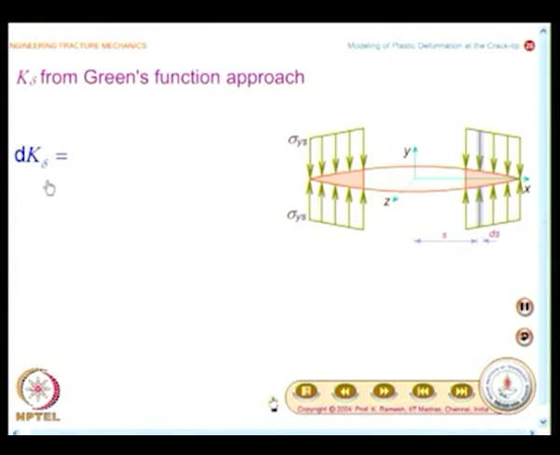We would just invoke the expressions that we have developed for a symmetric load and write this for an incremental value of stress intensity factor. Then you integrate for the extent of the load sigma ys applied, you will be able to calculate the stress intensity factor.